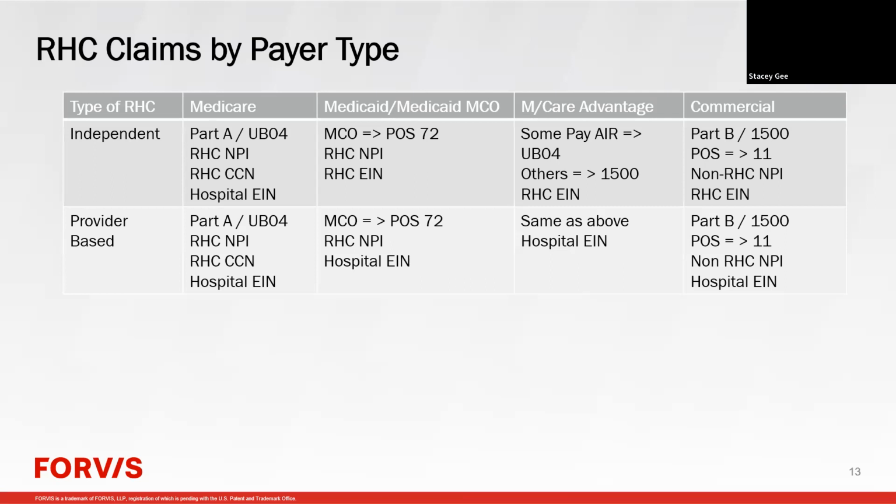One other thing on this is the commercial billing is a little bit different because I would say most commercial payers don't recognize the RHC status. So that's kind of a weird little nuance. Because of that, the claim needs to be billed by the provider's NPI number, just as a tidbit on the commercial side of things.